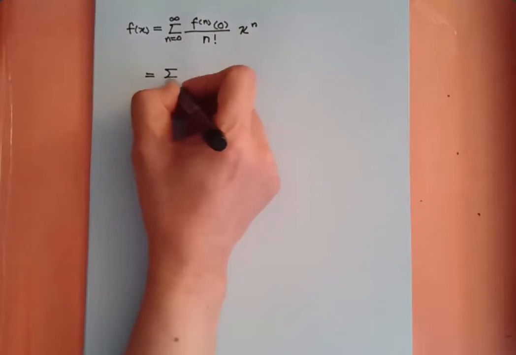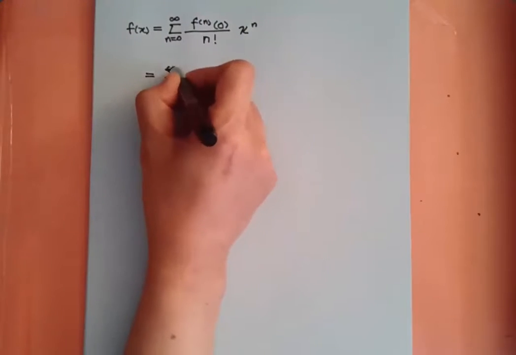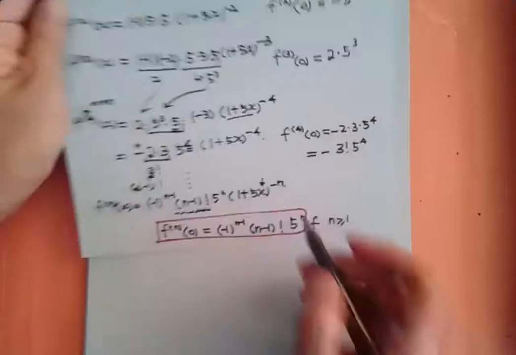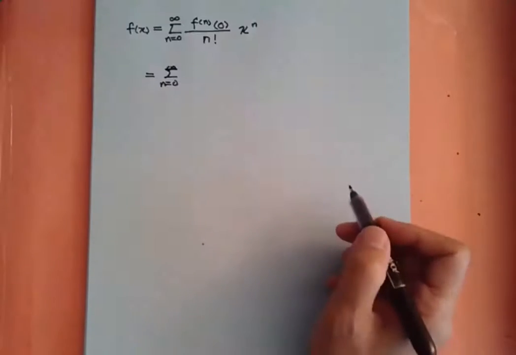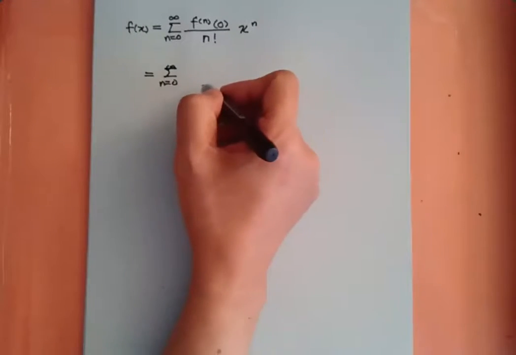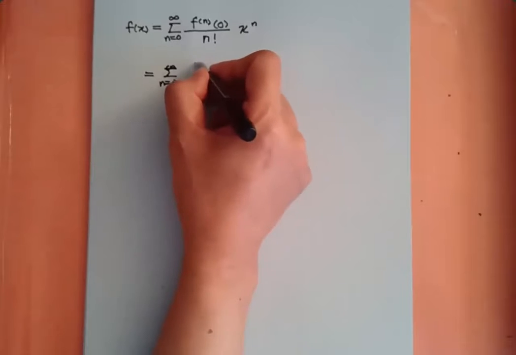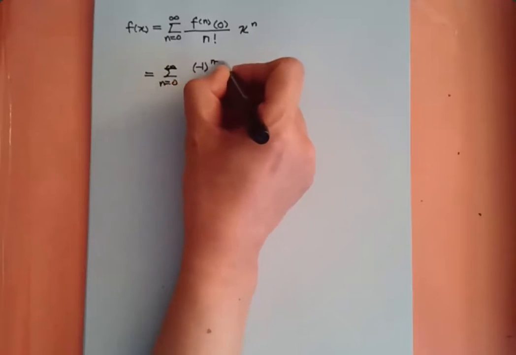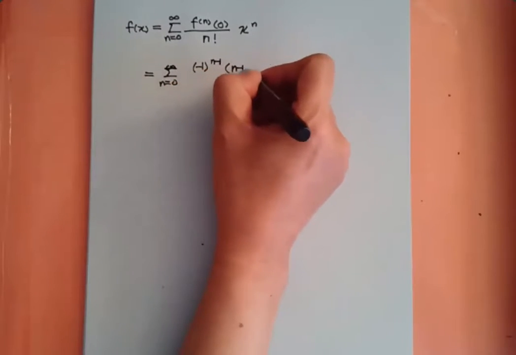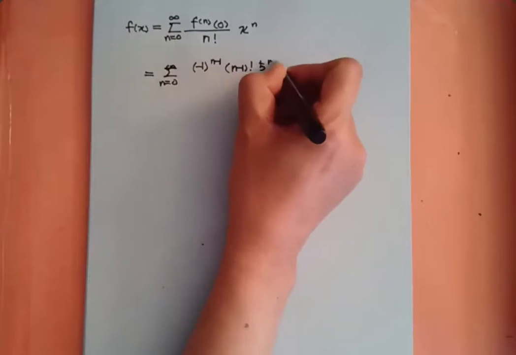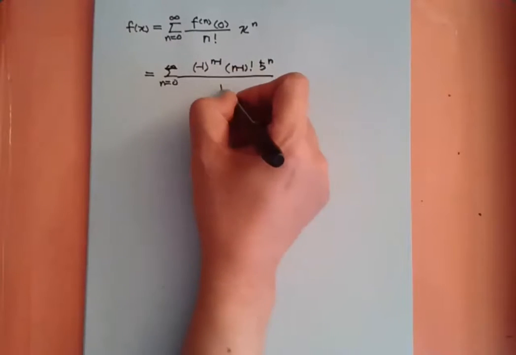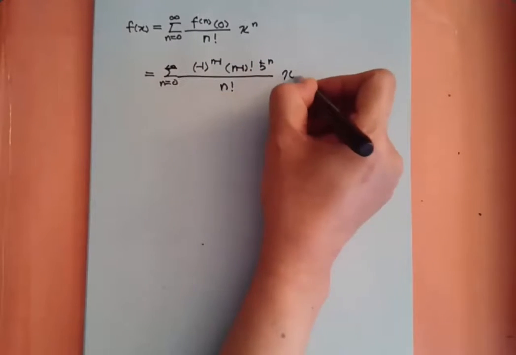So that means n equals 0 to infinity. We will plug in this one there. Then that will be negative 1 to the n minus 1 power, n minus 1 factorial, 5 to the n power, over n factorial, x to the n power.